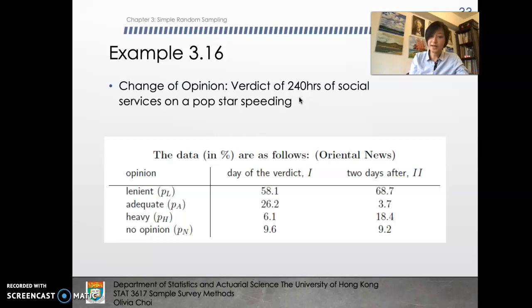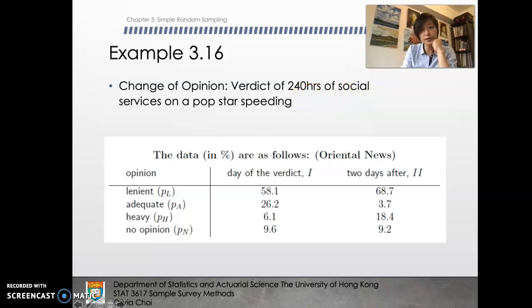And then the police found out, and he was given a verdict not to serve in jail or anything, but 240 hours of social services. And then it roused a lot of media reporting, saying that because of a pop star, he's not going to jail, etc.